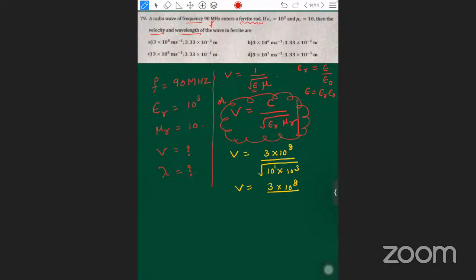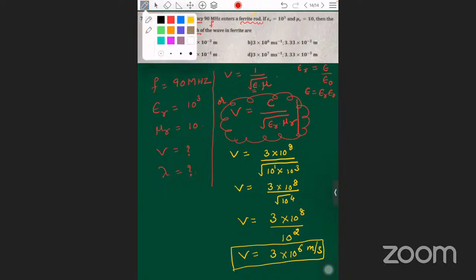Root of 10 power 4 is how much? 10 power 2. So V will be equal to 3 into 10 power 6 meter per second. So when it enters the ferrite rod, the velocity of the wave is 3 into 10 power 6.